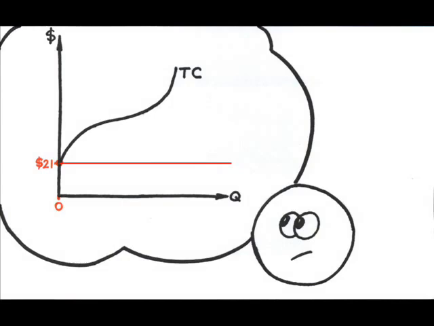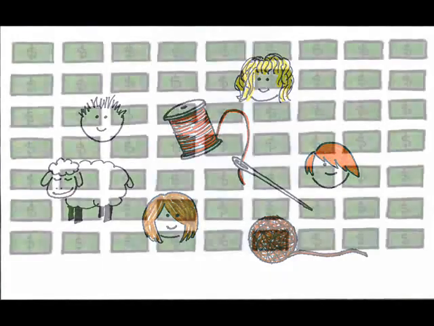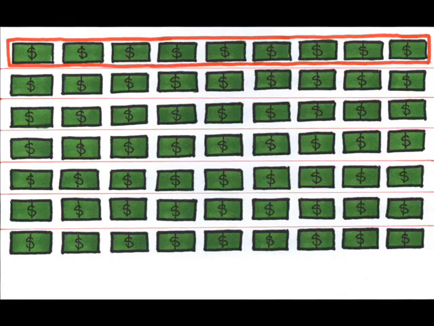This also tells me that to produce 7 units of output, $21 of the $63 in total costs represent overhead or fixed costs. Of course, this must mean that the other $42 pays for variable resources like labor and materials. Knowing that the total cost of producing 7 units of output is $63, this tells me that the cost of a single unit, or average total cost, is $63 divided by 7, or $9.